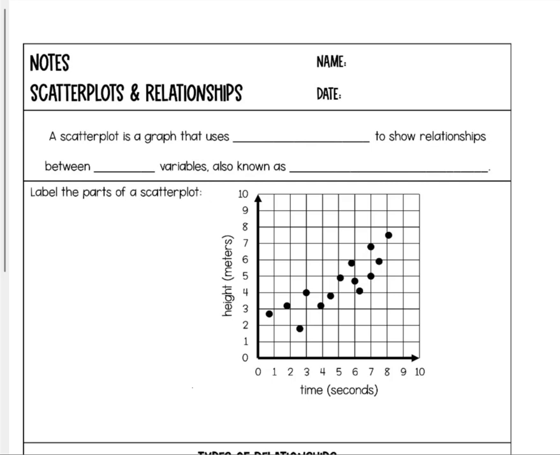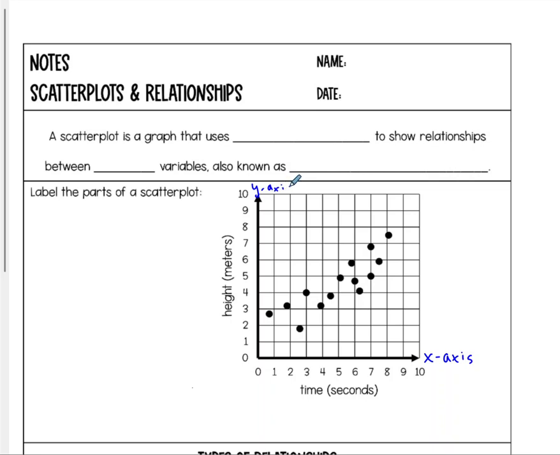The first thing we're gonna look at is some vocabulary words here. So a scatter plot is something like this, where you have your x-axis here. We call that the horizontal line, x coordinates, and then you have your y-axis here.